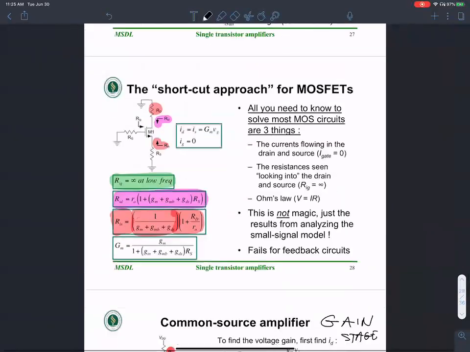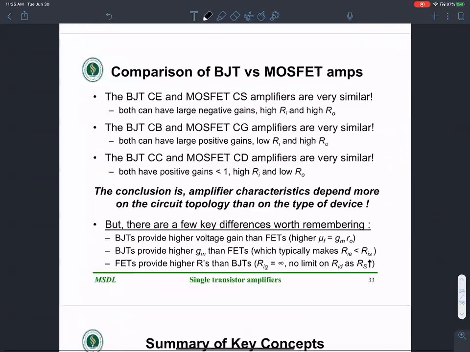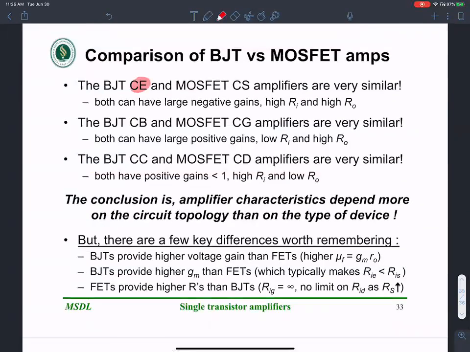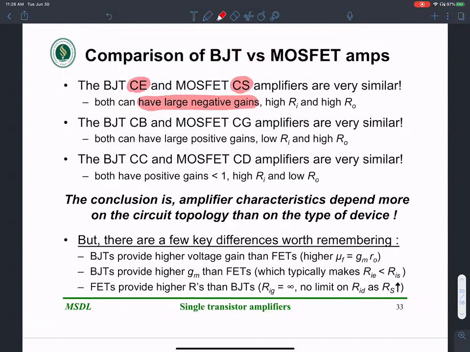So let's quickly summarize what we have so far. BJT common emitter amplifier and MOSFET common source amplifiers are very similar. They can have large negative inverting gains. They provide high input resistance and high output resistance.